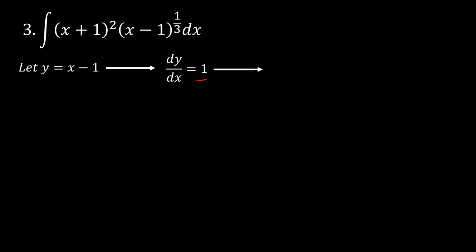So if you multiply both sides by dx, that means dy can be substituted for dx. And since y equals x minus 1, that means y plus 2 equals x plus 1. And we're targeting this part of the integral.